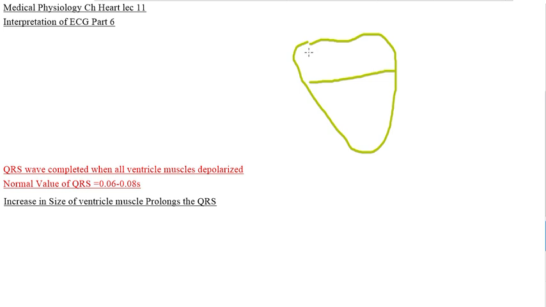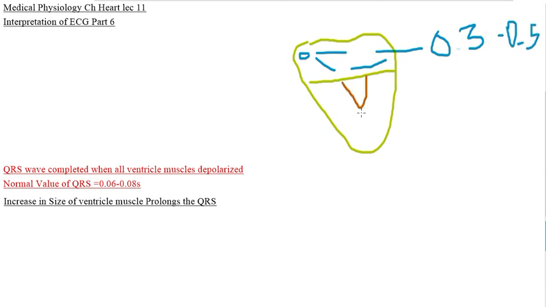You must know in the atria, first it moves from the SA node towards the different parts of the cardiac muscle, the right atrium, and then towards the left atrium. The speed of the impulses that travel in the atria is 0.3 to 0.5 meter per second.